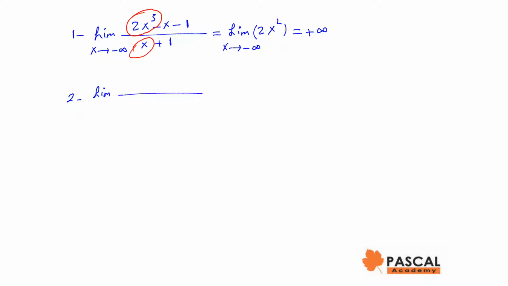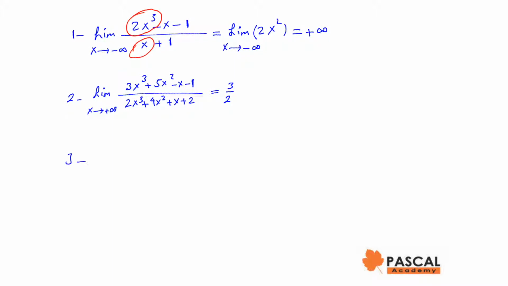The second example, limit of 3x^3 plus 5x^2 minus x minus 1 divided by 2x^3 plus 4x^2 plus x plus 2 as x approaches positive infinity. Since the degree of numerator and the denominator are the same, the limit is 3 over 2.